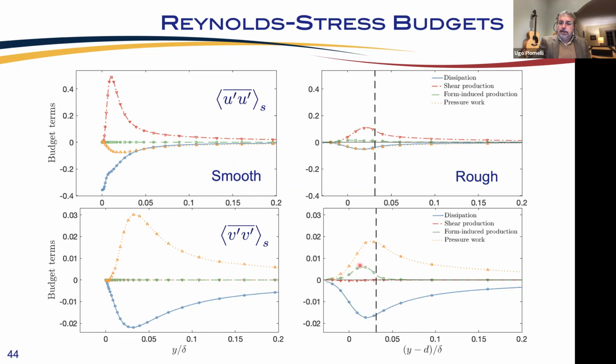So it's not negligible. And it gives energy directly into V squared and W squared. And by doing that, it decreases the anisotropy. The V and W fluctuations are larger compared to U, and this decreases the anisotropy of the Reynolds stresses. Notice that it's much less significant compared with the main production mechanisms for U than for V, and W has the same type of behavior.